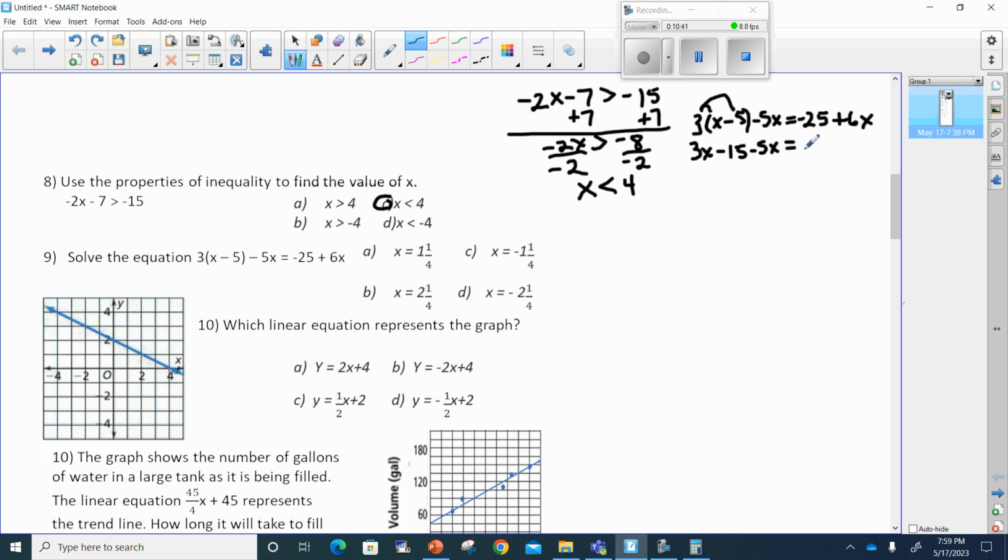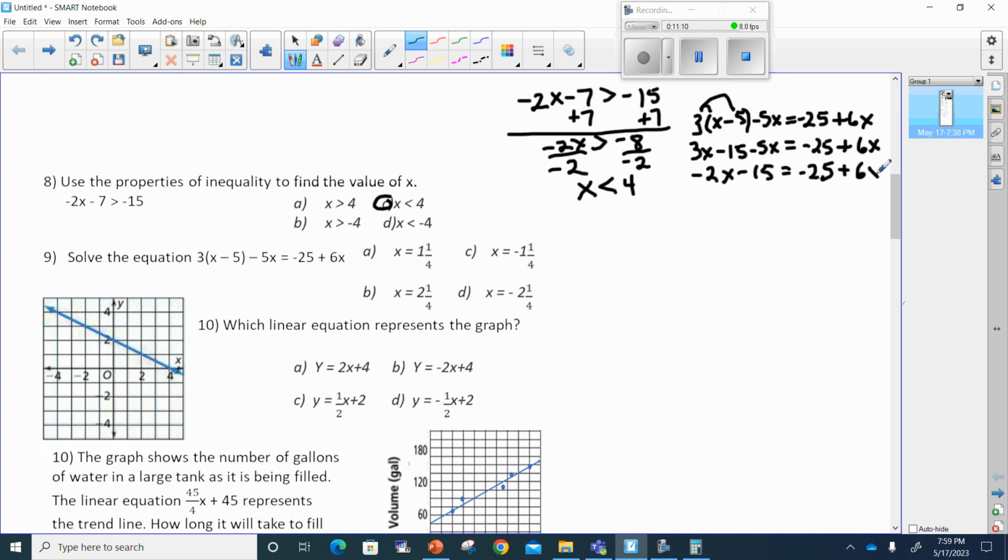Now it's got to equal negative 25 plus 6x. We know that we have like terms over here. 3x minus 5x is negative 2x. Now I have negative 2x minus 15 equals negative 25 plus 6x.